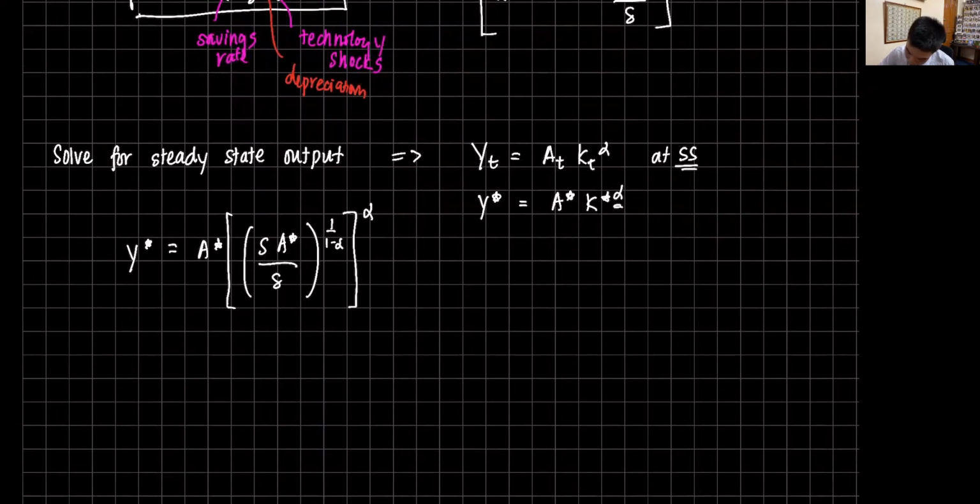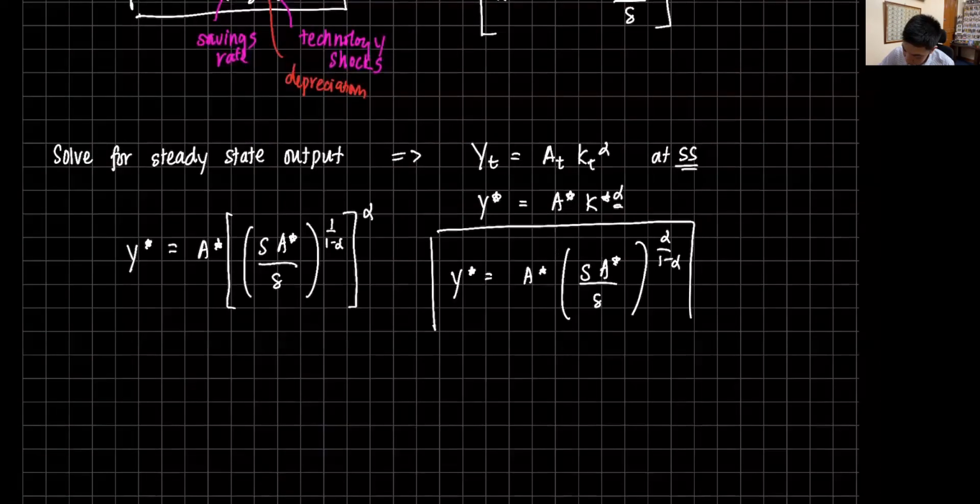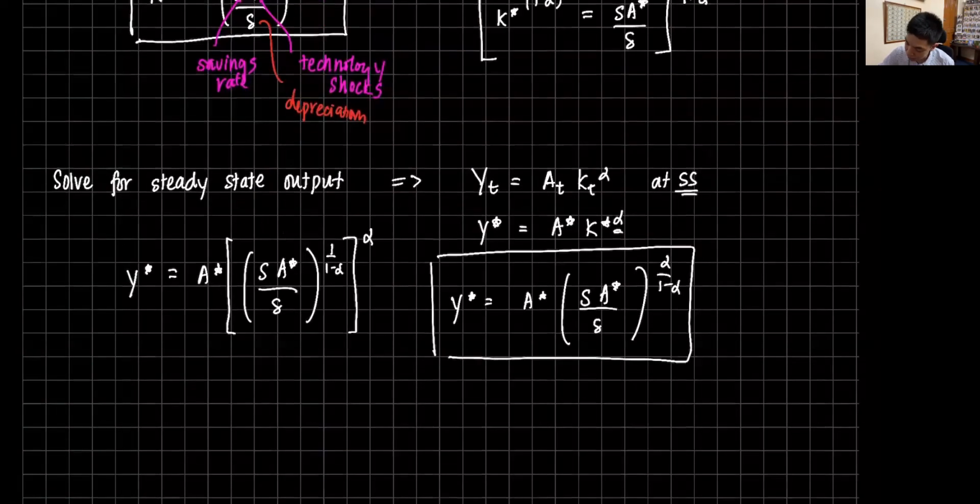So basically, our steady state output is quite simple. That's just A star times S A star all over delta raised to alpha over 1 minus alpha. This is our steady state output. Quite easy to solve for.